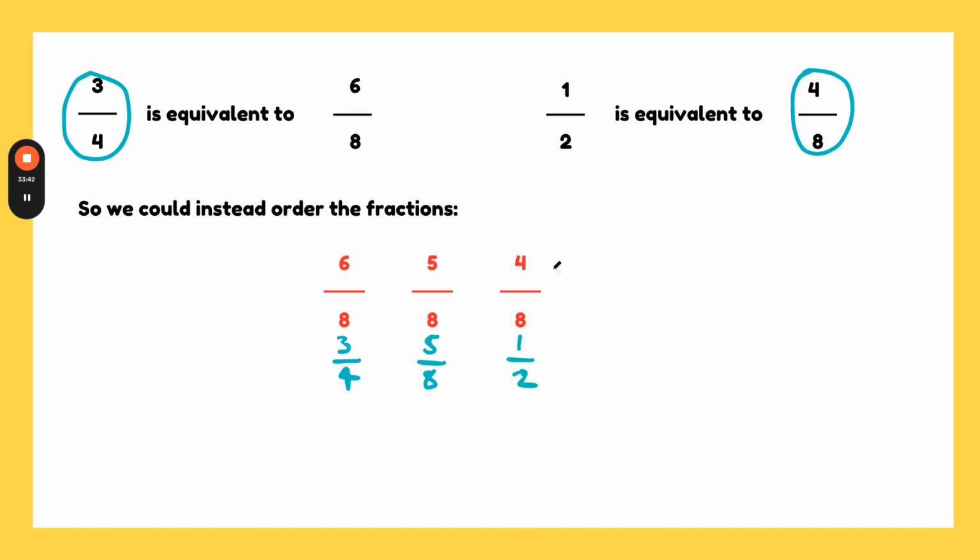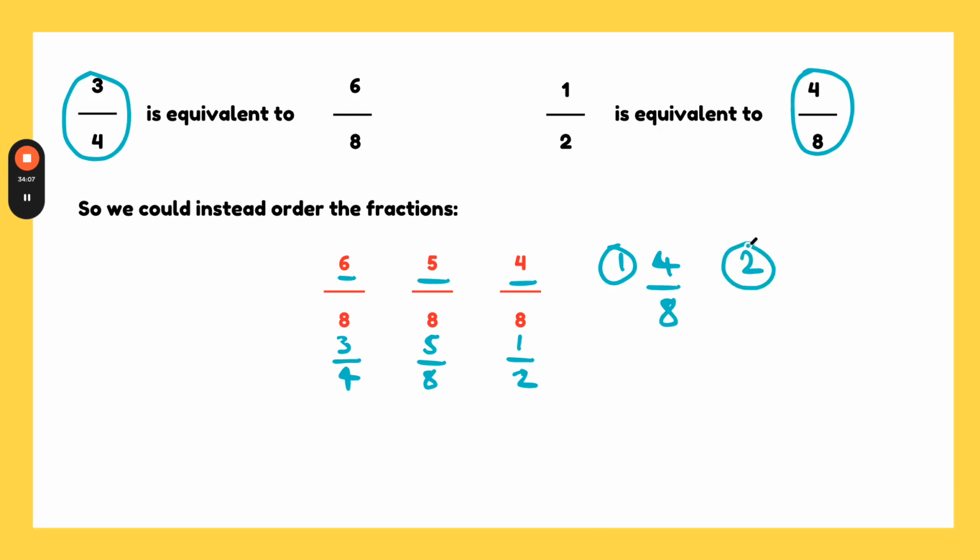So if we wanted to order it now, we could say, okay, which number is the smallest out of 6, 5, and 4? Well, it's 4/8. So 4/8 is the first smallest.